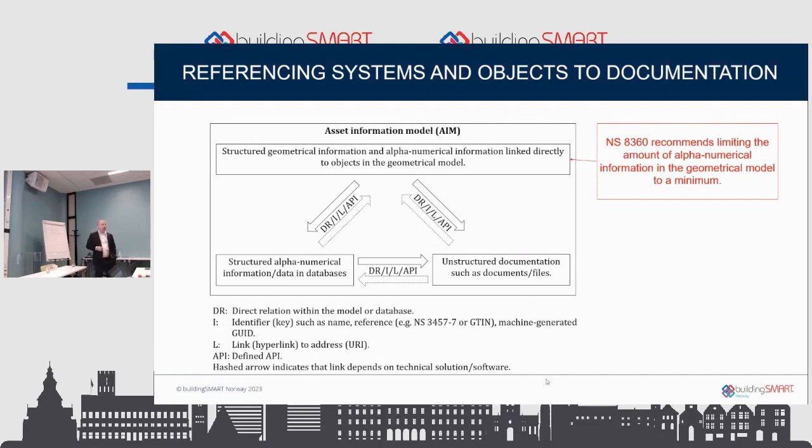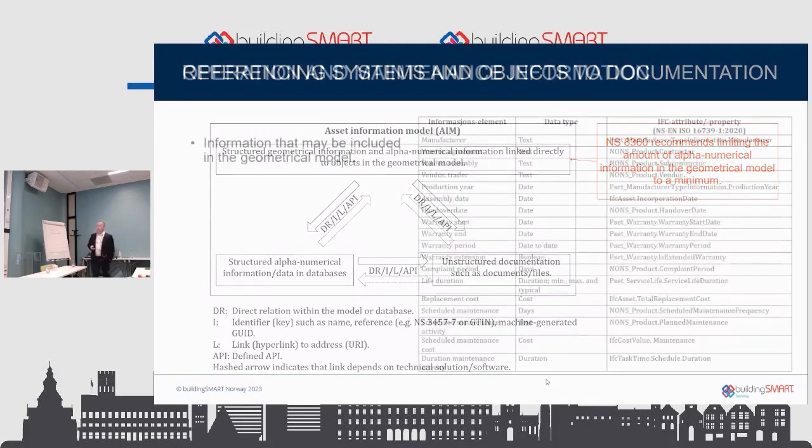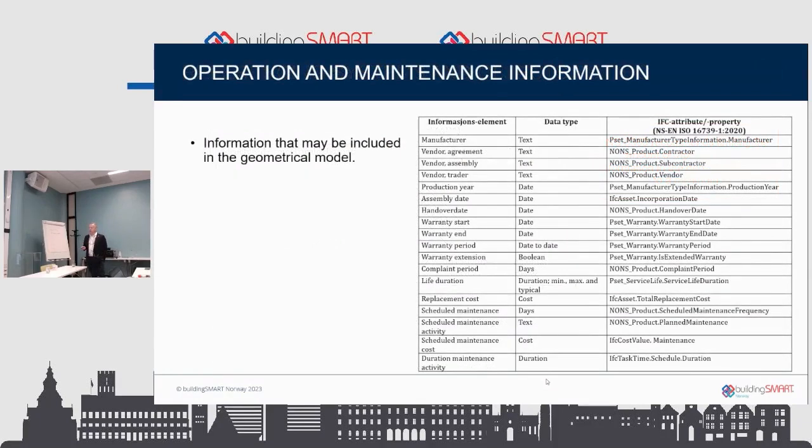And then all the other alphanumeric information you want to maintain, you have in another system that is easier to use. There may be some information that you say is so crucial, I need it on the geometrical model.